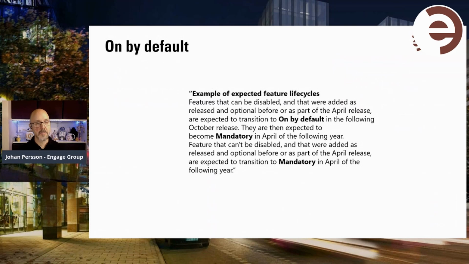So discussing the on by default, this is something new, as I said before, and when I looked at this the first time, I didn't really realize the full scope of on by default, because you could say, okay, it's on by default, I can turn it off, and then the next time it won't be on by default, so that's fine. But the problem here is that on by default is part of a plan, because what I think Microsoft realized is that the customers weren't turning the features on.